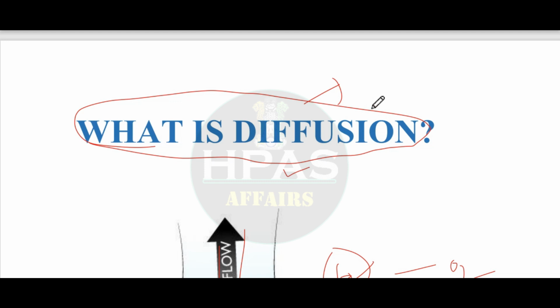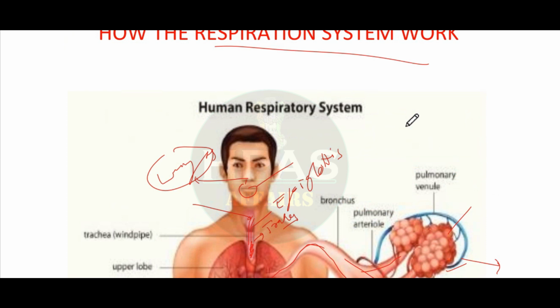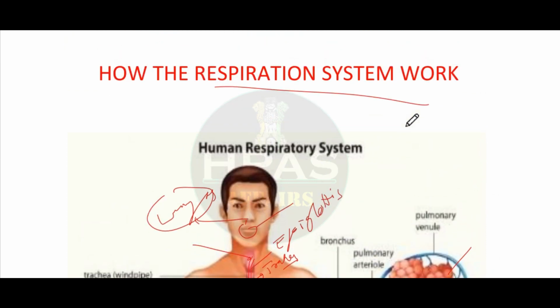The same gas reaches all the body of the human, where aerobic respiration takes place. I have already told you the main cause of aerobic respiration is that when we take a breath, all the processes inside the body happen due to aerobic respiration, because when we breathe it helps exchange the gases in the human body and supplies oxygen-rich air to the whole body.